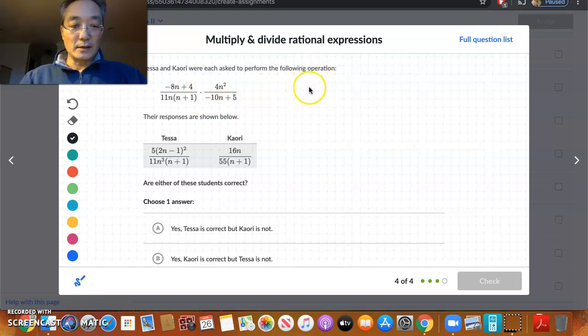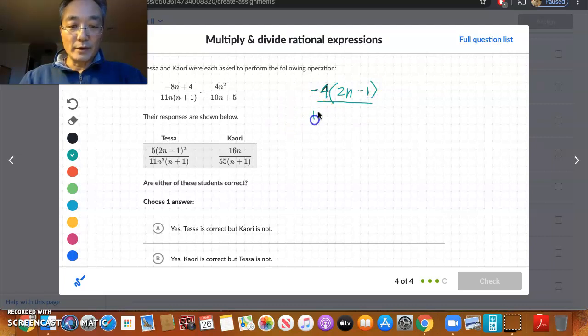So we can take out a 4. We can actually take out a negative 4, because if we were to take out a negative 4, then we would just end up with 2n, and then 2n minus 1, like that.